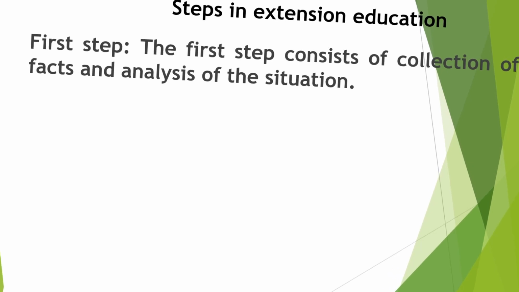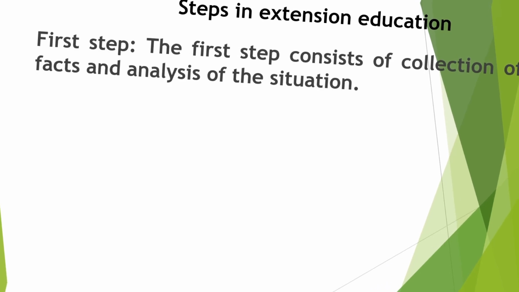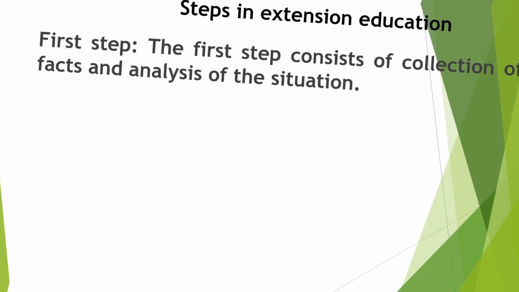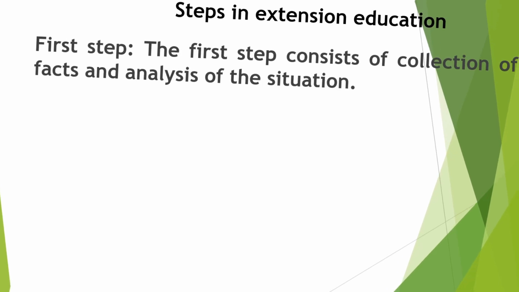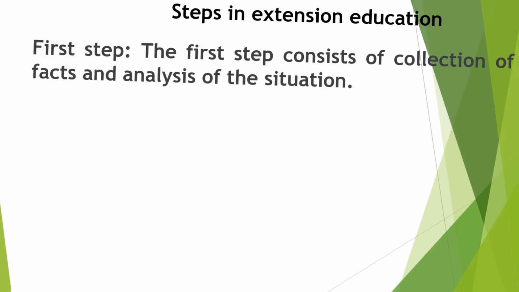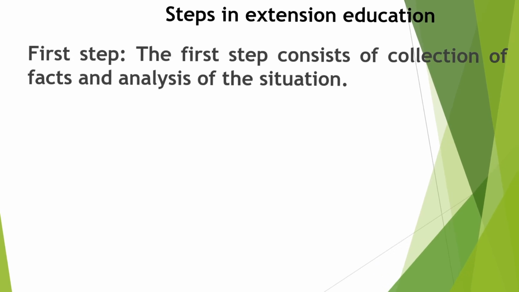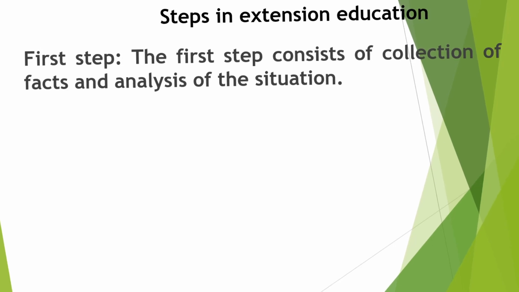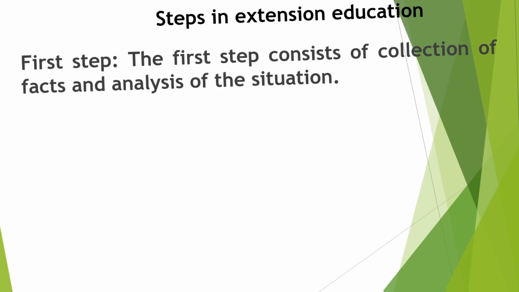So on your own part, as one who is bringing education, as one who is coming to teach, it's expected that you first of all collect facts, know the situation of things, know the purpose for which education may be necessary for the people, know the situation the people are in, facts about the people, about their enterprise, about their economic, social, cultural, physical, and technological environment in which they live and work.